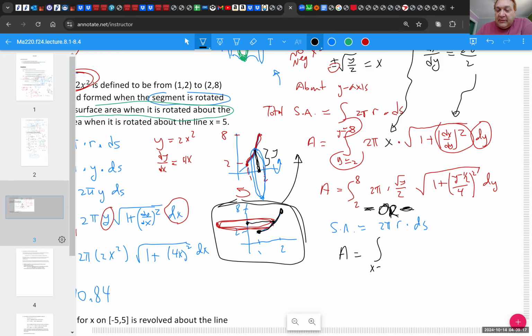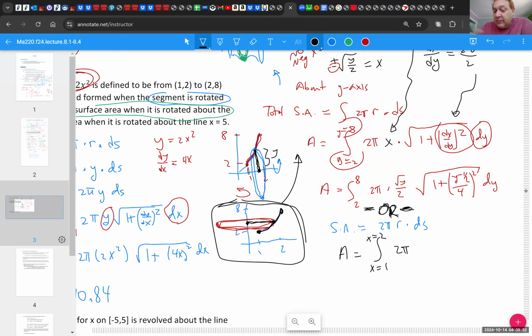So I need x values here. The x values are 1 to 2. And I'm going to do r. Now, r, we're getting the same darn thing, right? R is the distance from the middle to the outside. That's what radius is for every circle. Start from the middle, go to the outside. So it's still x. It didn't change, right? It's still 2 pi times x. Just because I'm putting things in terms of a variable doesn't change the fact that the radius starts in the middle and goes to the outside, and it's a horizontal distance x.